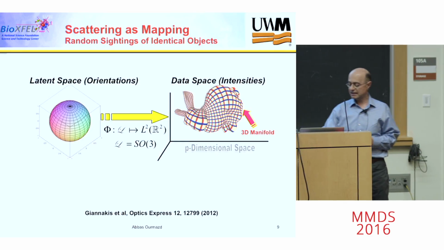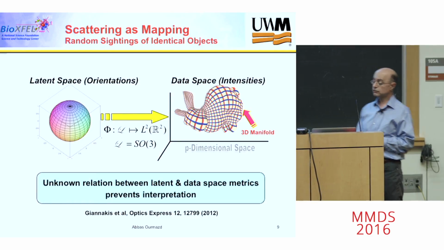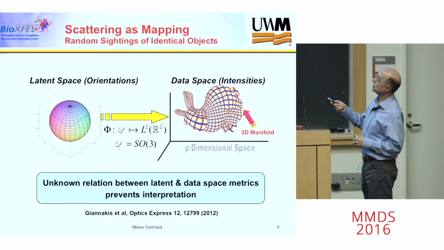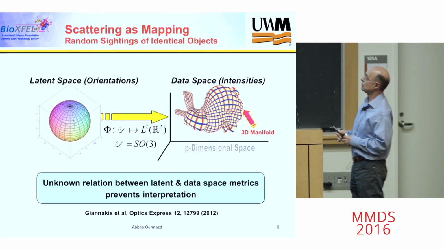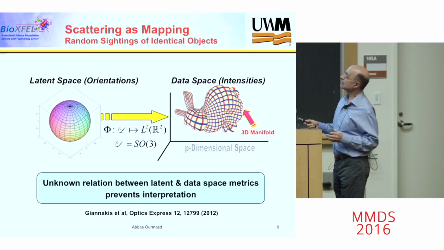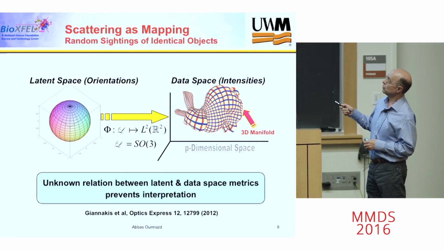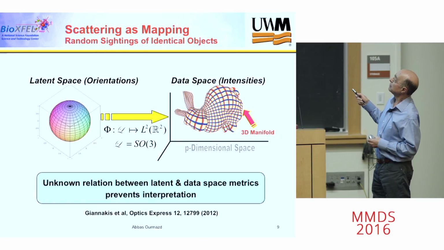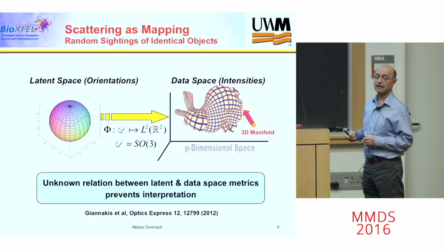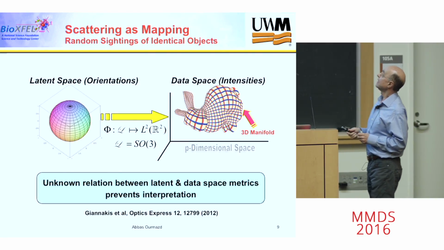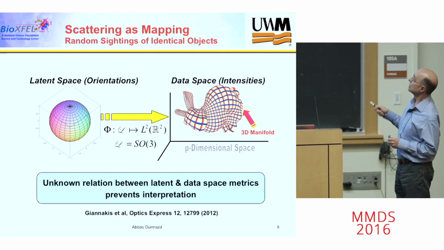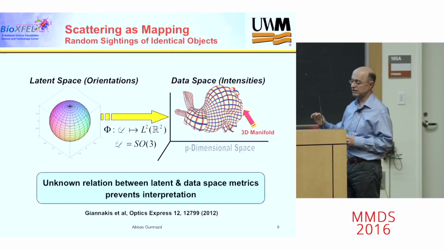The difficulty here is all you have, of course, is this manifold. You don't know the nonlinear embedding which relates one to the other. The metric in the space of orientations is well known, and you may now determine the metric in this manifold, as we heard yesterday from the beautiful talk. Nevertheless, you don't know the relationship between the two metrics in the two spaces.